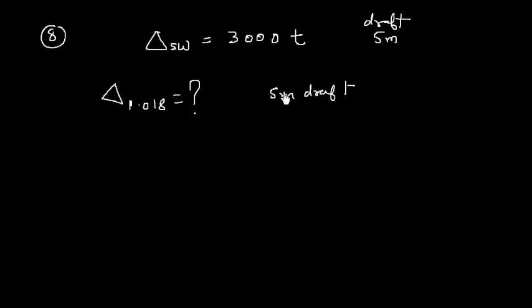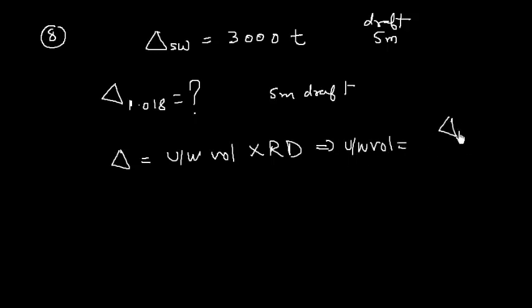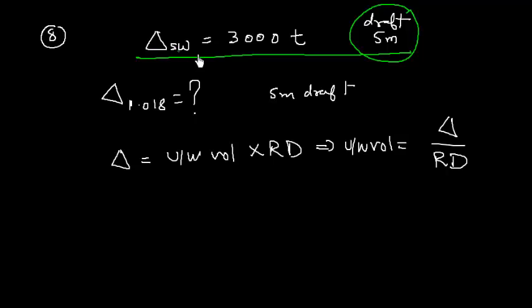We know that displacement is equal to underwater volume into relative density, so that means underwater volume is displacement divided by relative density. In this case the draft is 5 meter and the displacement in salt water is 3000 ton.